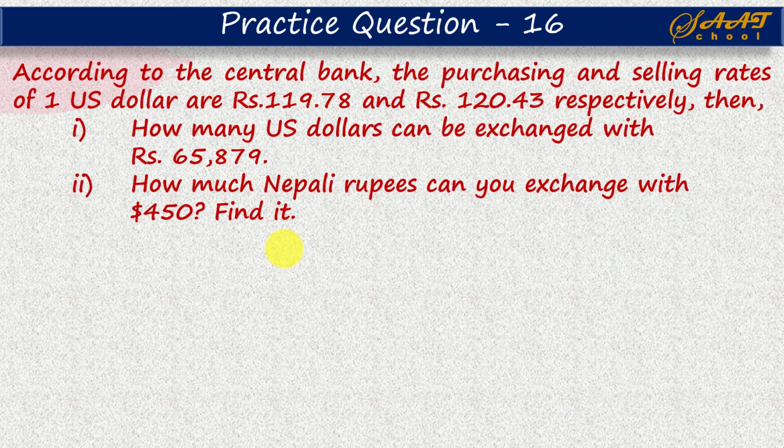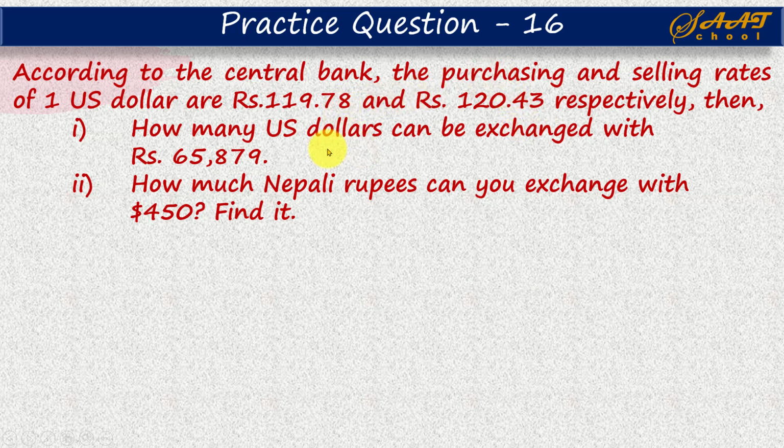Now here is practice question 16 related to purchasing and selling rate. According to the central bank, the purchasing and selling rates of $1 are 119.78 and 120.43 respectively, meaning the purchasing rate is 119.78 and the selling rate is 120.43. As I told you already, the selling rate is greater than the purchasing rate.